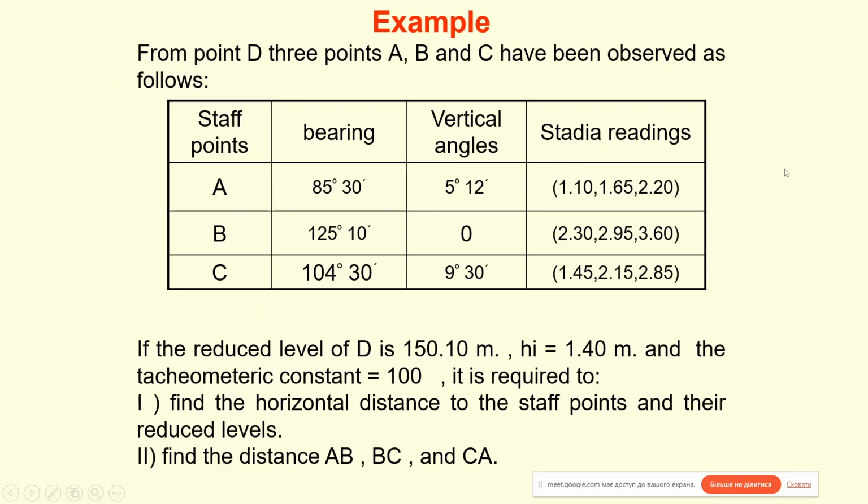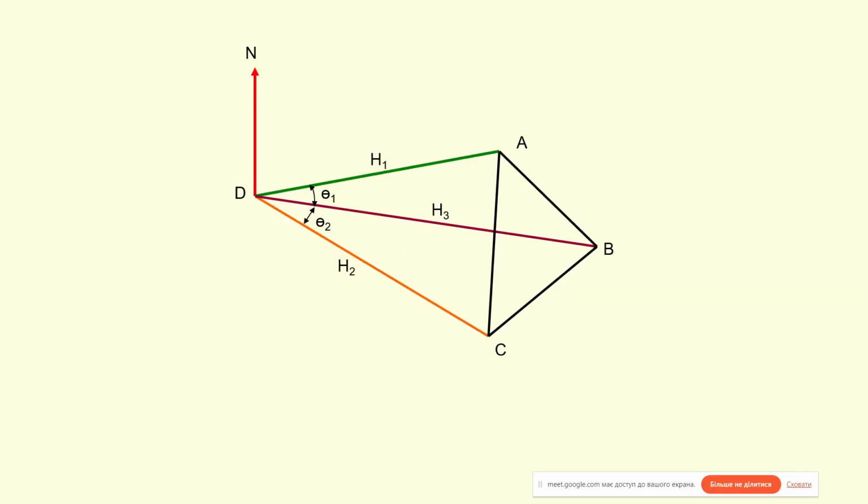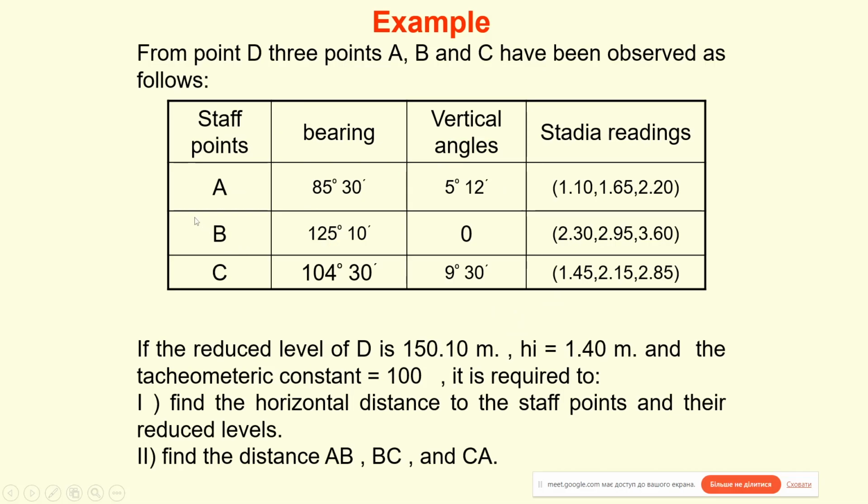Here you can see an example when we have 3 points as in this picture. We are standing above the point D with the instrument, and the staff points are A, B, and C. Our bearings to these points are as follows, vertical angles are as follows, and stadia readings as follows.